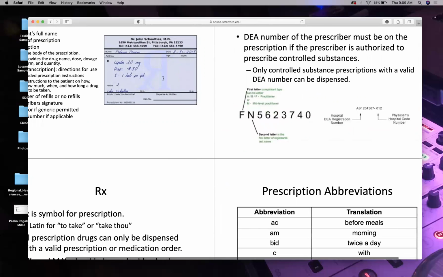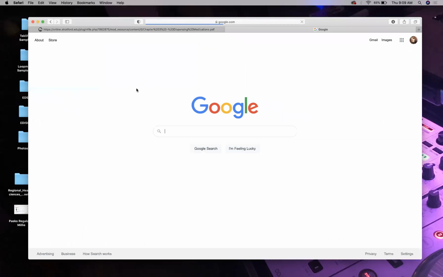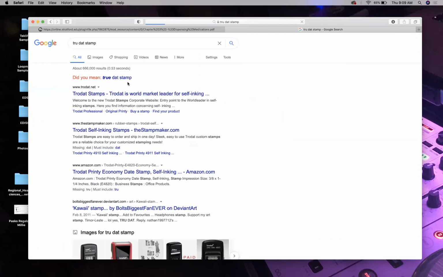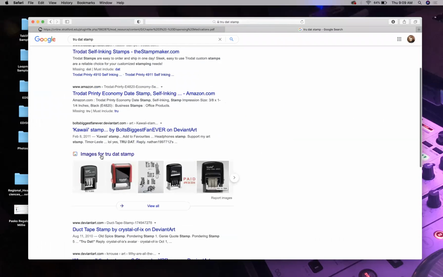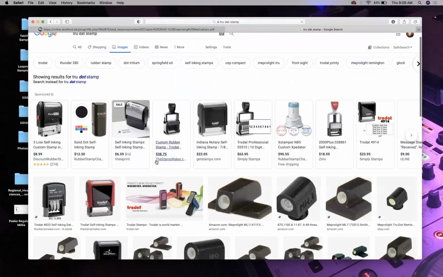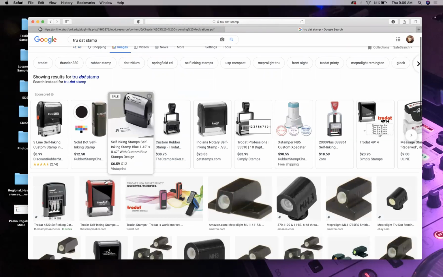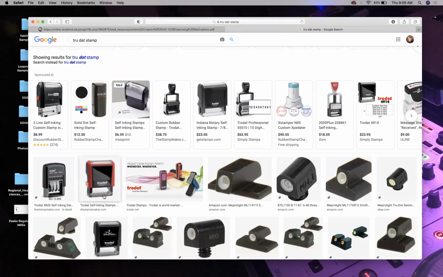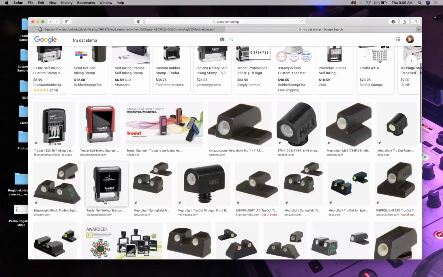And many times if you have a paper prescription, the doctor stamps it with this thing called a Trodat. Let me show you what that is. See these little stampy things? The self-inking stampy things. Trodat is this one right here.